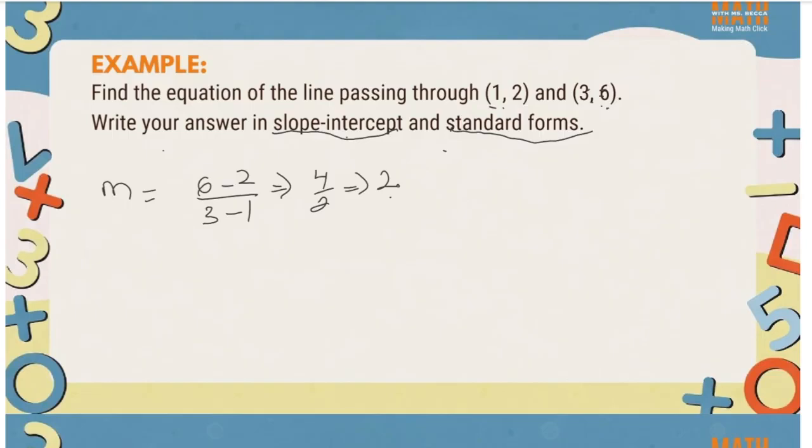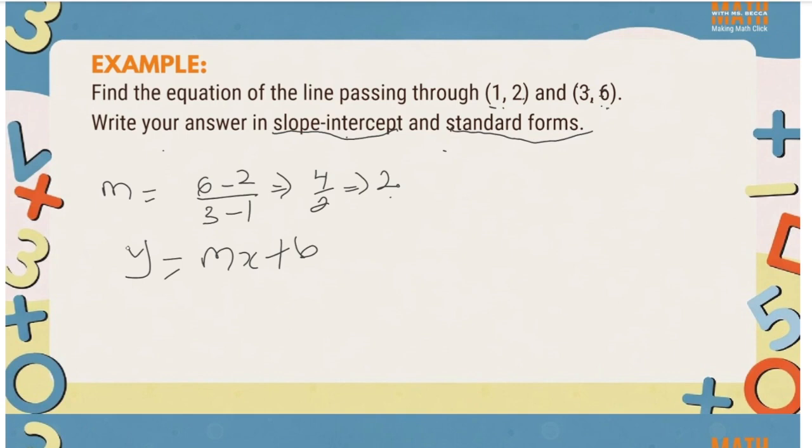Since the question says we should leave our answers in slope-intercept and standard form, and we have calculated the slope, now the next thing is for us to find the intercept. And don't forget, the slope intercept formula is y equals mx plus b. Now, let's pick a point from these 2 points that we were given.